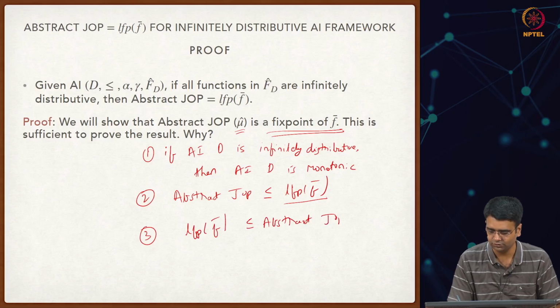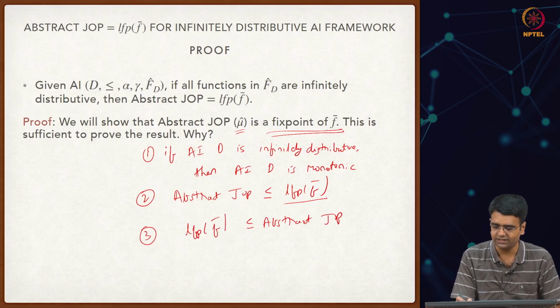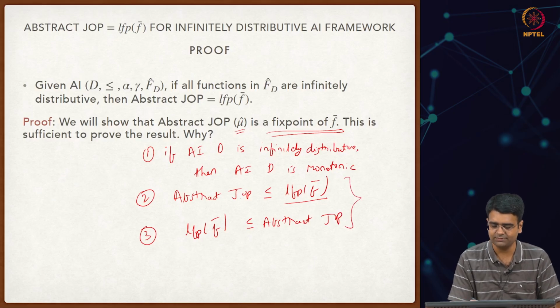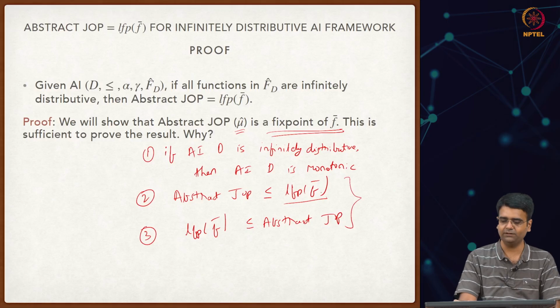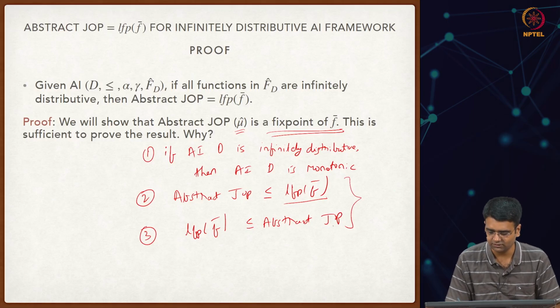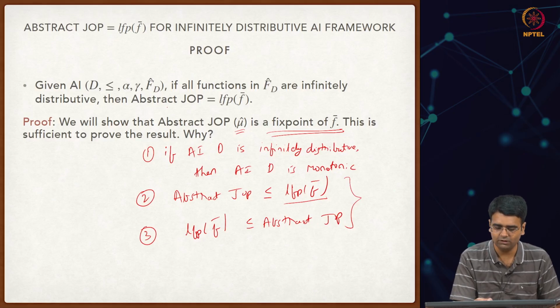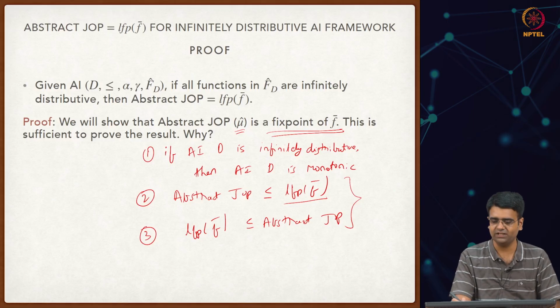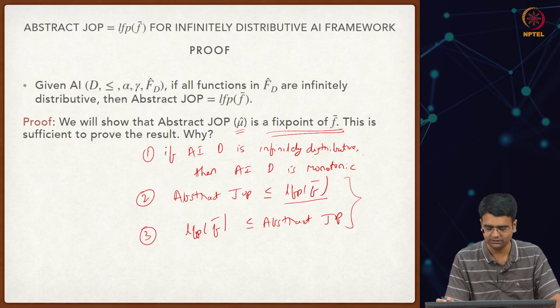So if you are able to show that the abstract GOP is a fixed point of the function f bar, now we have both directions: abstract GOP less than or equal to LFP of f bar, and LFP of f bar less than or equal to abstract GOP. So this will mean that the abstract GOP is equal to the LFP of f bar. Therefore our goal now is to simply show that this abstract GOP is a fixed point of f bar.